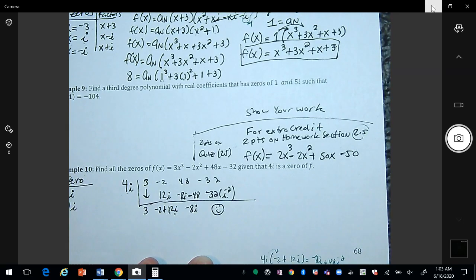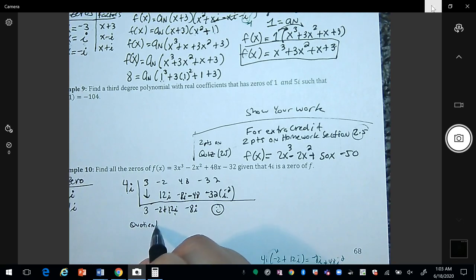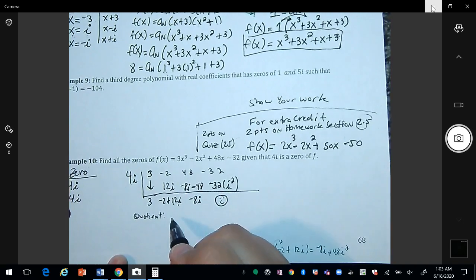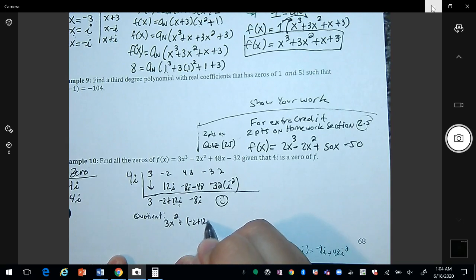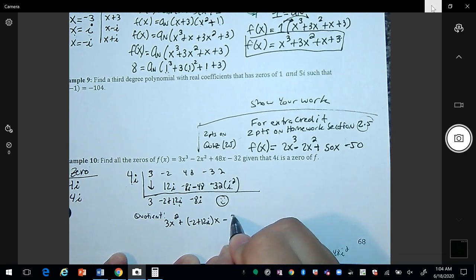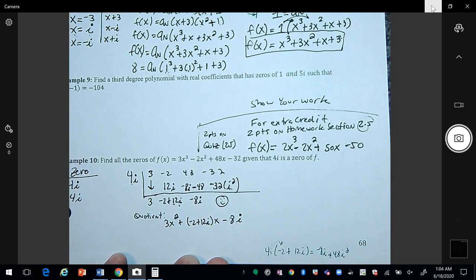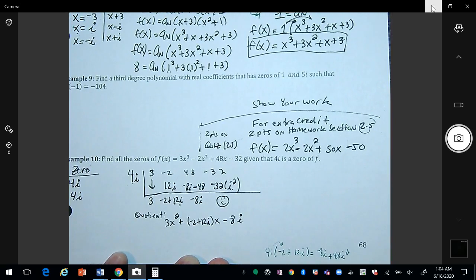So we know that that is 0. So my quotient is going to be 3x squared plus -2 plus 12i x minus 8i. Okay, so these are your coefficients.